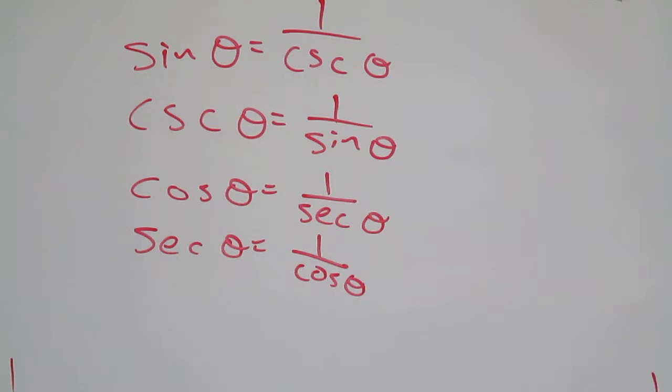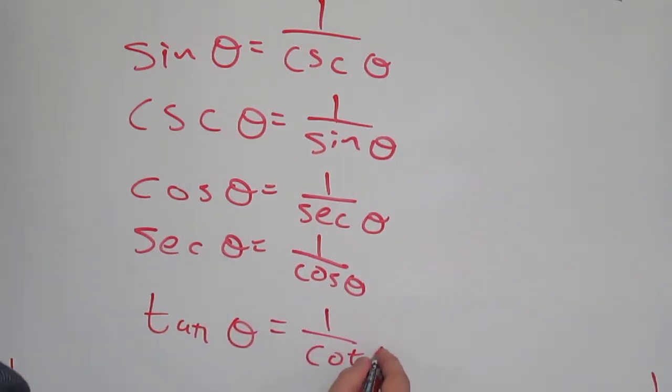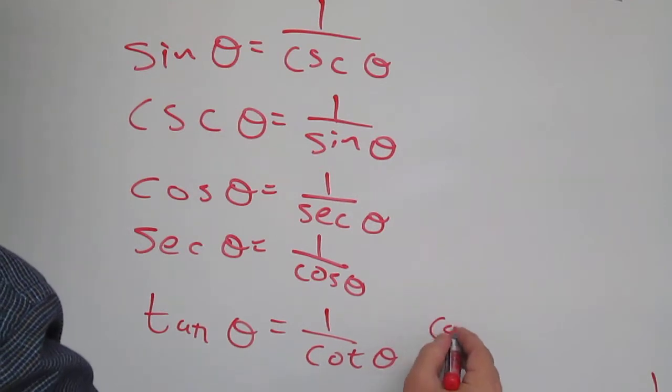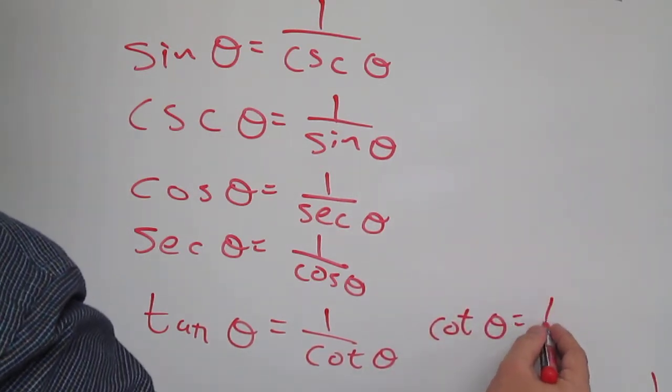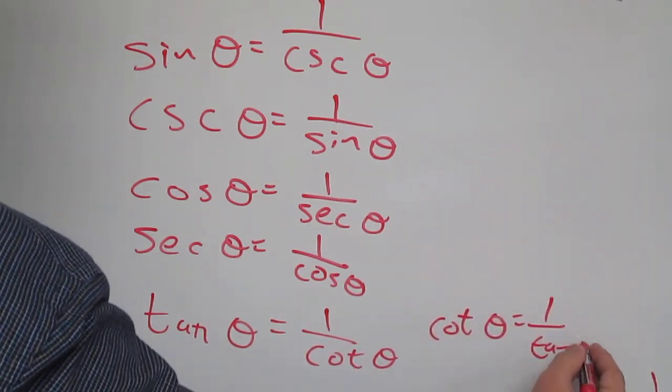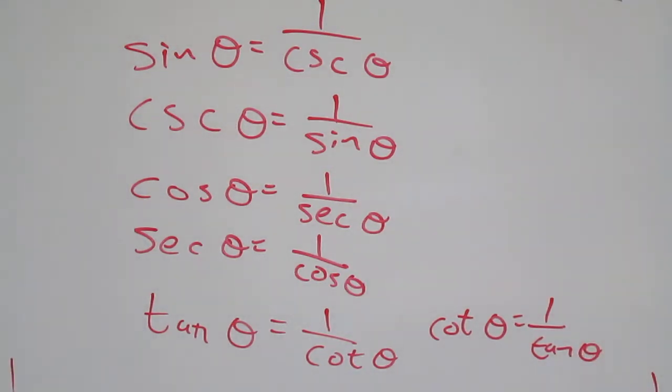And the last pair of reciprocal identities is that the tangent of theta is equal to 1 over the cotangent of theta, and the cotangent of theta is equal to 1 over the tangent of theta. So there's 6 identities, but really there's only 3 different ones. There's 3 pairs of reciprocals.